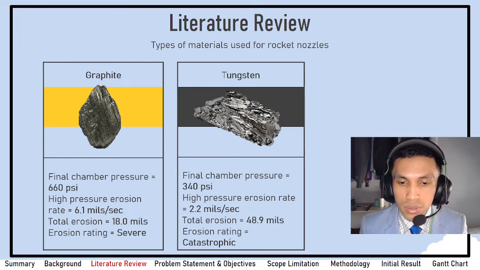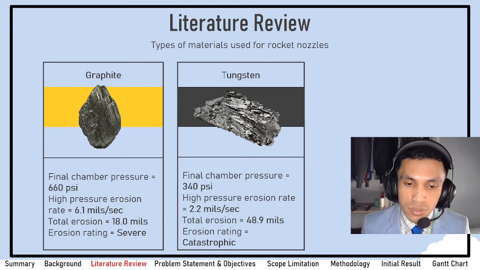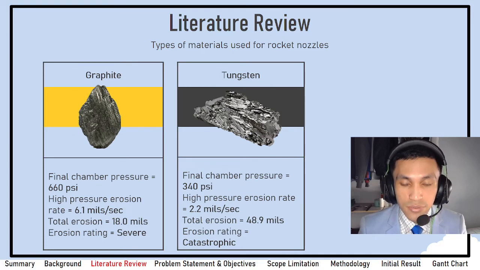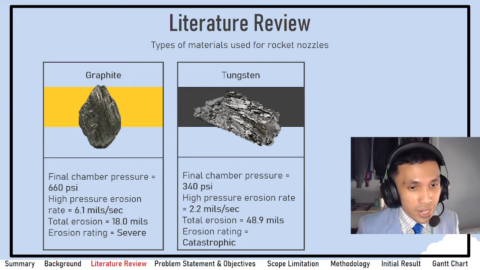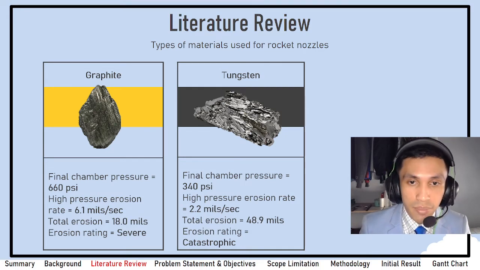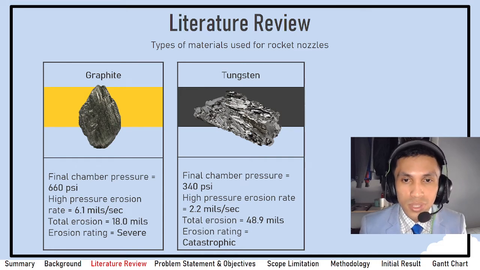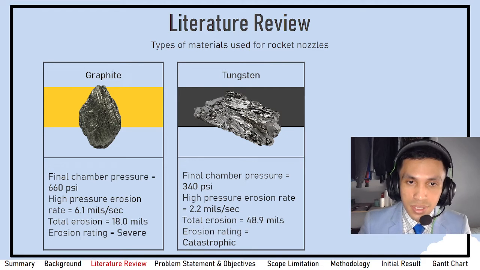Meanwhile, on the tungsten: final chamber pressure only 340 psi, high pressure erosion rate 2.2 mils per second, and total erosion 48.9 mils, which is higher than the graphite total erosion, and the erosion rating is catastrophic condition. So this shows that graphite is the better material, which can reduce the rate of throat erosion compared to tungsten.